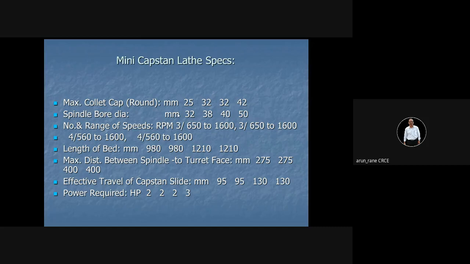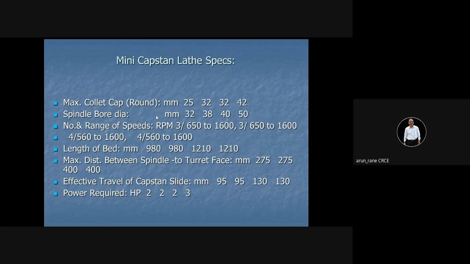So the important specifications are spindle bore and the distance between spindle and turret face. In a normal center lathe, the important specifications are the distance between the spindle and the tailstock, and what can be mounted.